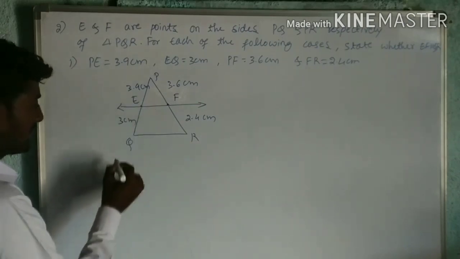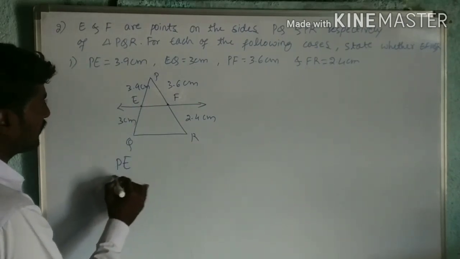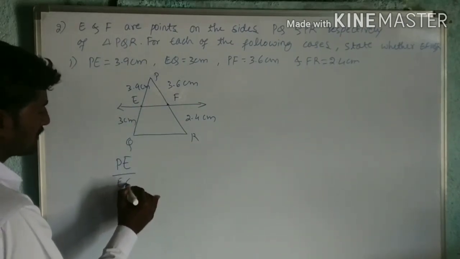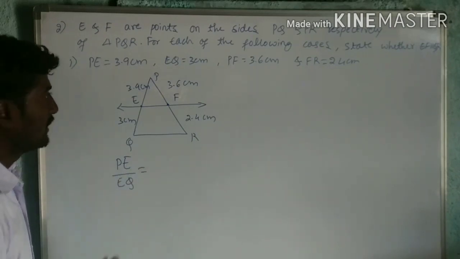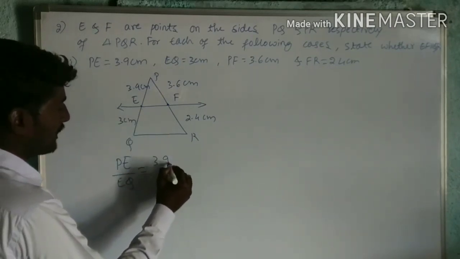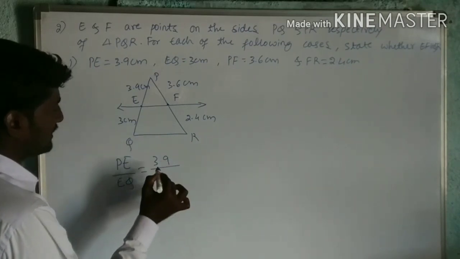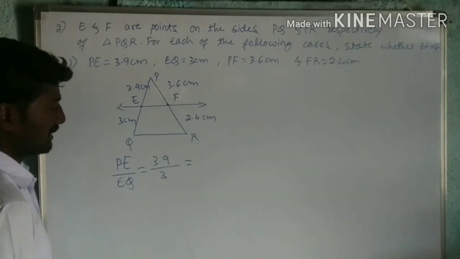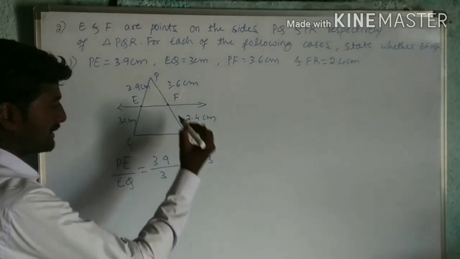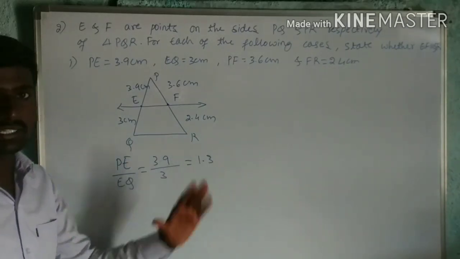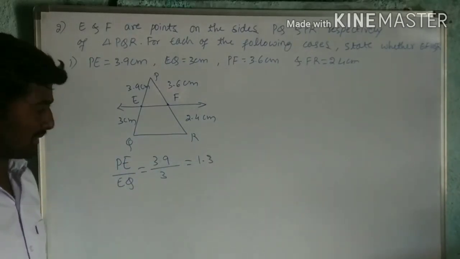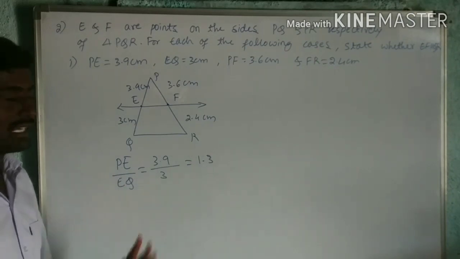Let us find the first ratio, PE divided by EQ. PE is 3.9, EQ is 3. Divide this: it is 1.3. I cannot write centimeter here, as both centimeters get cancelled.